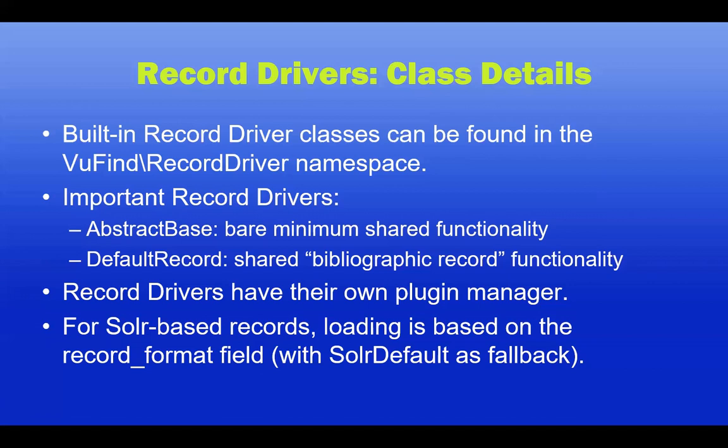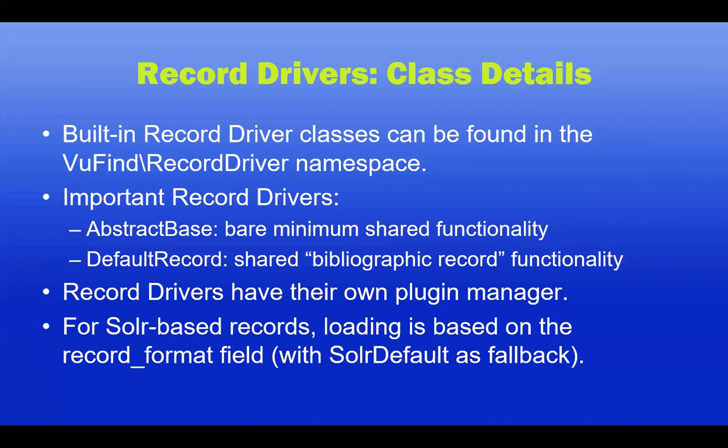And so this is where Solr's record format field comes into play. For each record that we fetch from Solr, we look at the record format field, and we look to see if there is a record driver registered in the plugin manager with the name Solr and the value of record format following that. So for example, if record format is set to MARC, we look for a Solr MARC record driver. If we find a match, we use that.